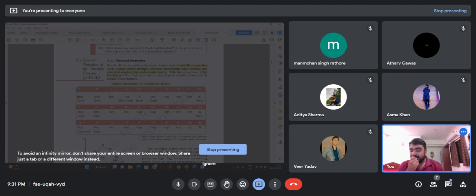In scandium, it's HCP, in the first group it's HCP, which is hexagonal close packed. Even in the second group, it's HCP. No need to be confused about whether BCC or CCP is written over here.